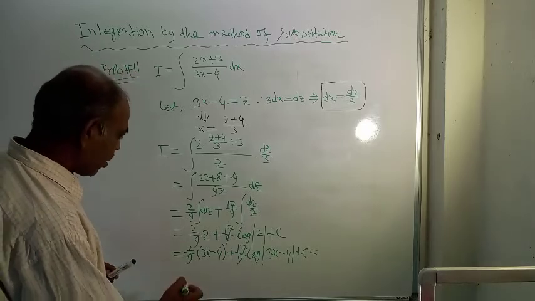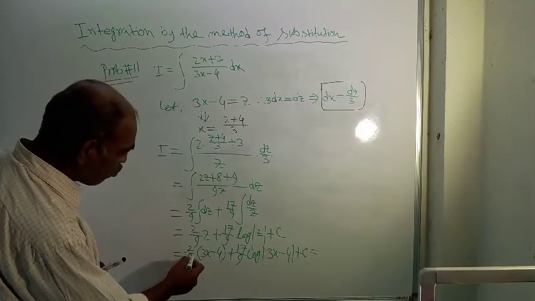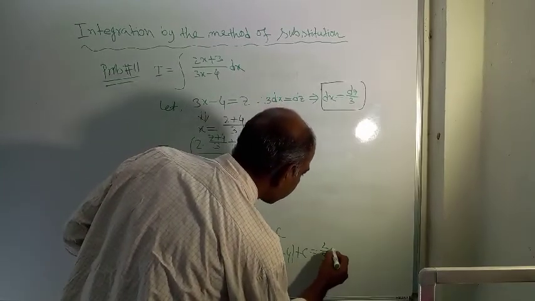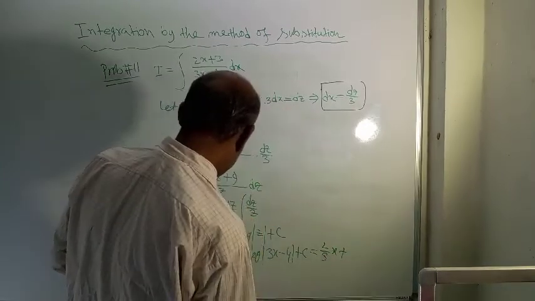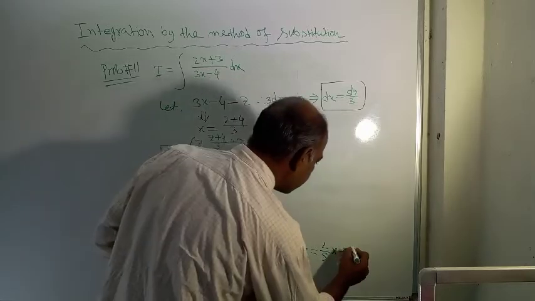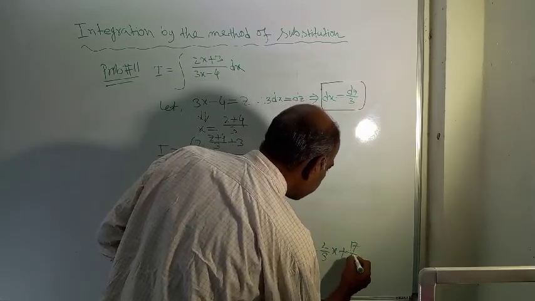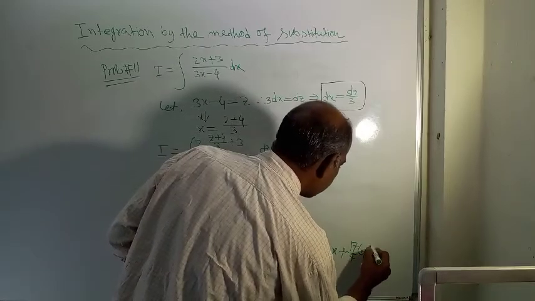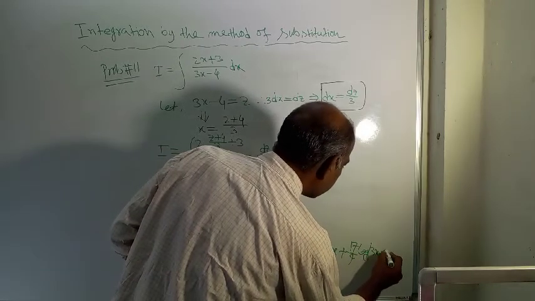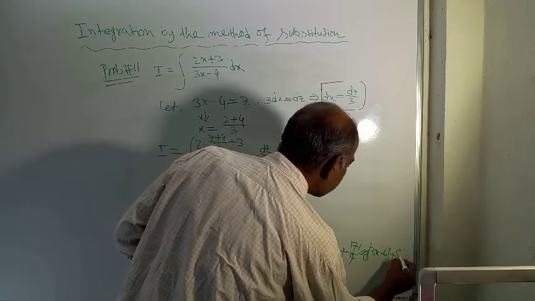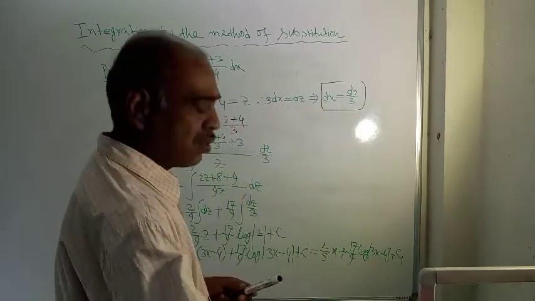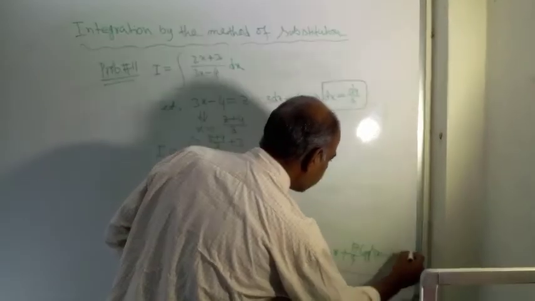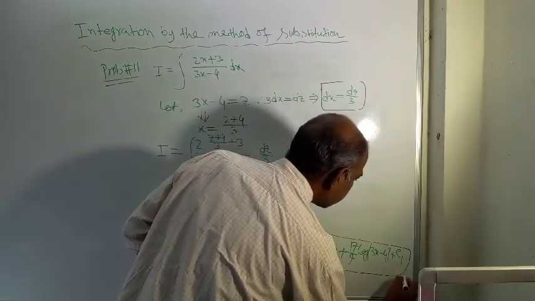So result will be 2 by 9 into 3x, that is 2 by 3 x, plus 17 by 9 log of (3x minus 4) plus a constant of integration c1. So this is the answer to the given problem.